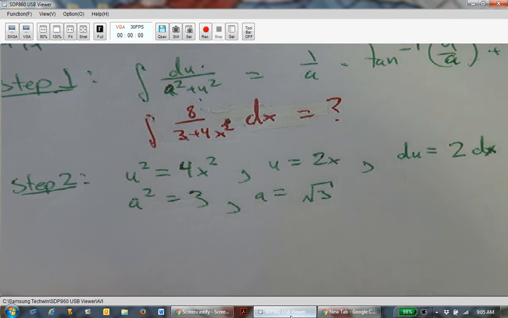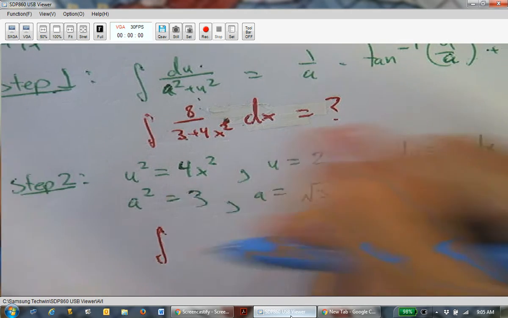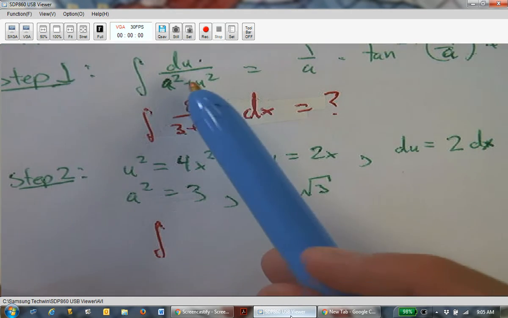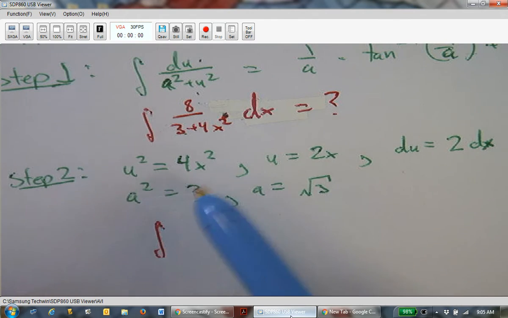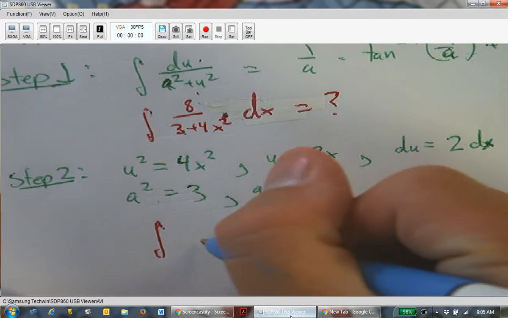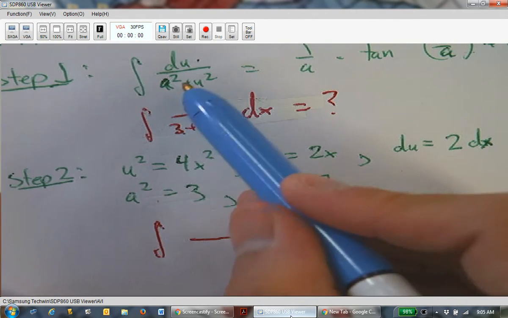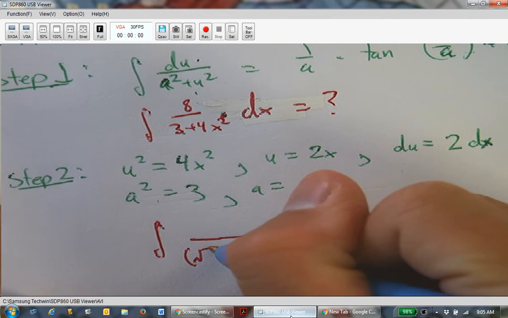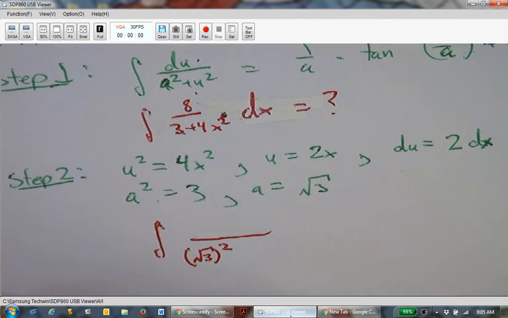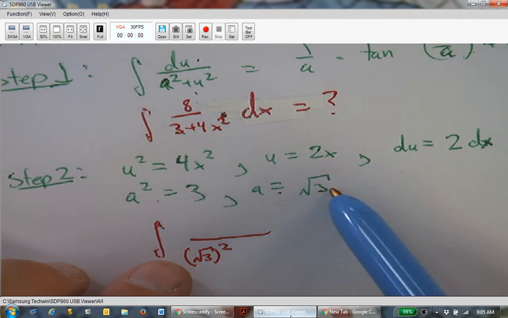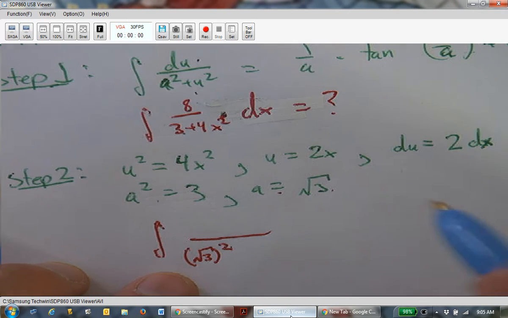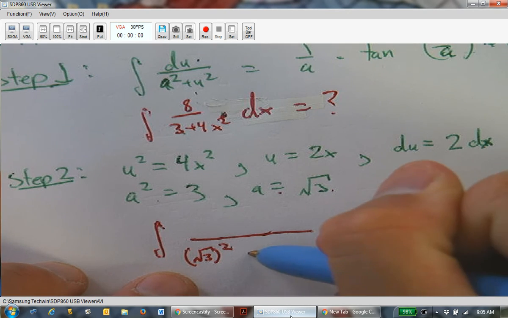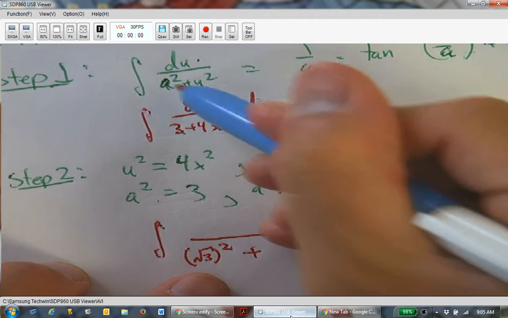Now, I would like to rewrite this again, this time in place of just saying a squared, I'm going to put the square root of 3 being squared. Like I actually take my a and then square it. Does that make sense? Just so I can see where these numbers are coming from.